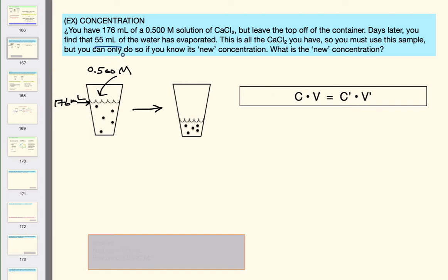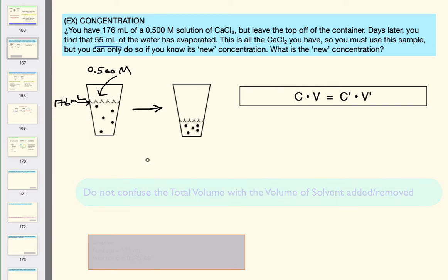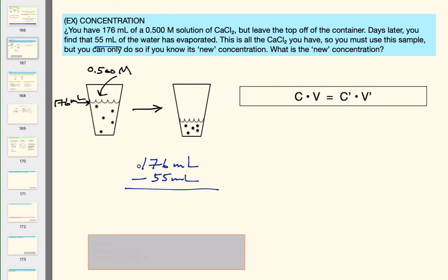Was it 55? No. That was the amount of material lost. The new volume is 176 minus 55. The material we started with minus the material we lost gives us the final volume. So let's substitute those numbers into our equation.